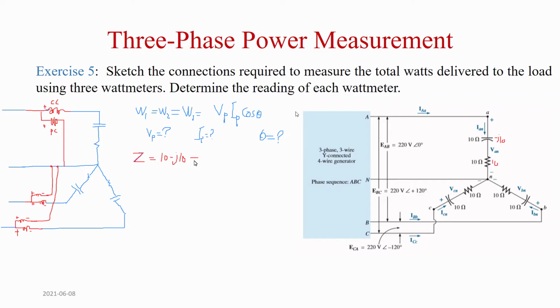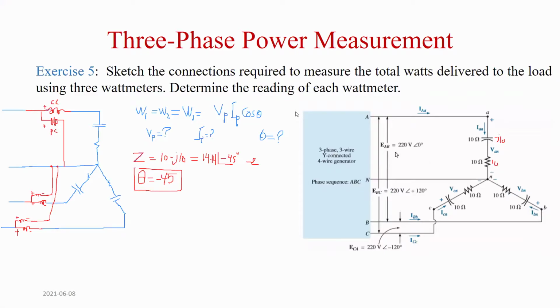If you change it to polar, it's going to be 14.14 ohm and angle minus 45. So the first thing we found from this one is that theta is minus 45. Theta, if we're measuring the power in the load, is the load angle, the impedance angle.